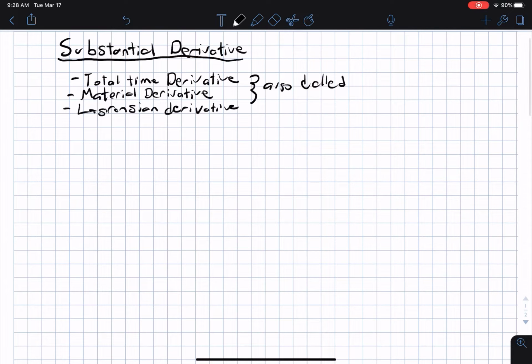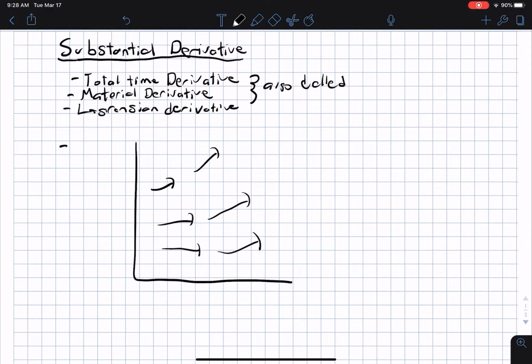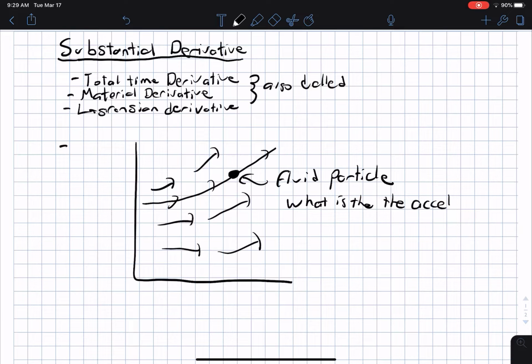Okay, and so what this derivative gives us is, if we have fluid flowing in a velocity field like this, and we have some streamlines that look like this, and we have a fluid particle here, what is the acceleration acting on the fluid particle?